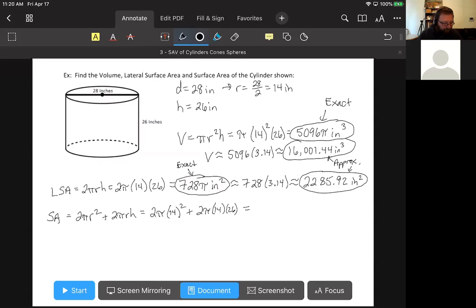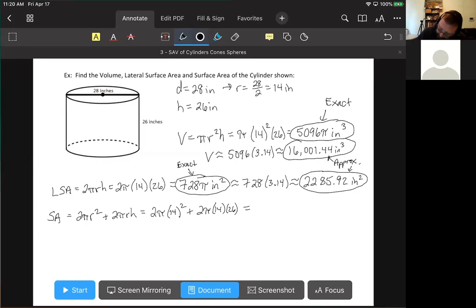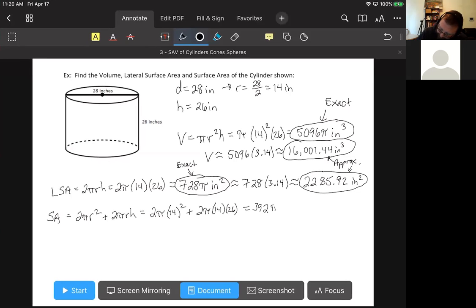So we do 2 times 14 squared, which gives us 392 pi for the first part. And we already know that 2 times 14 times 26 is 728 pi. We would add those two values together, 392 plus 728, and that would be an exact surface area of 1,120 pi square inches.